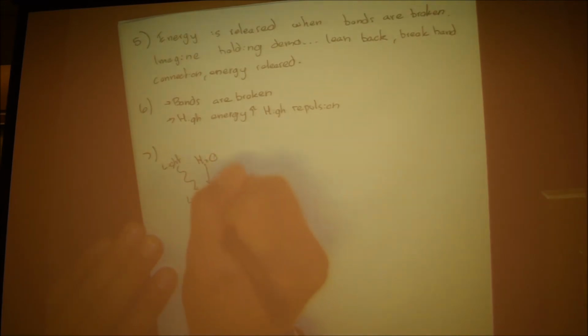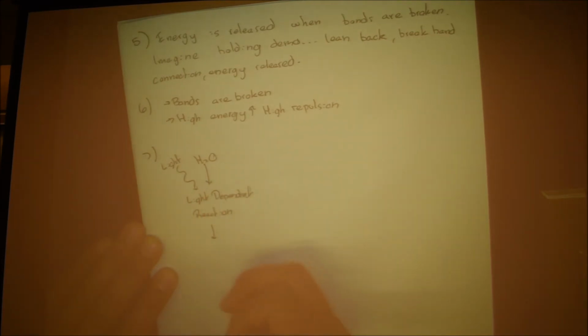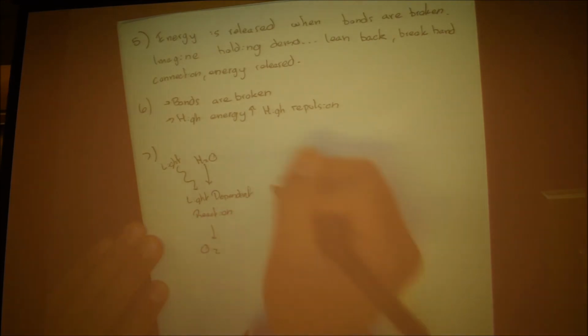Perfect, good job. You guys are all doing great. Okay. And then the thing that comes out of that, remember this is in plants, right? So what is going to come out of that light dependent process? O2, that's right. Okay, cool.